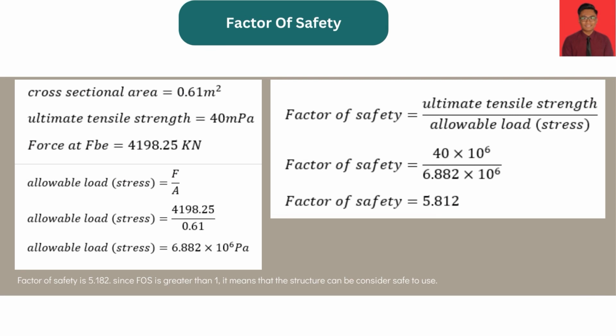The formula for factor of safety is ultimate strength over available load, which means stress, and we get a factor of safety of 5.182. Since the factor of safety is greater than 1, the structure can be considered safe to use.